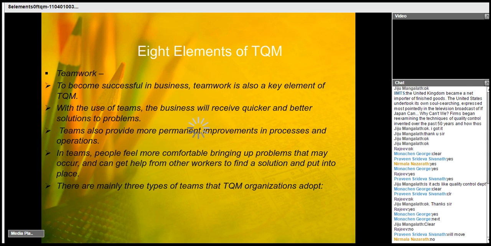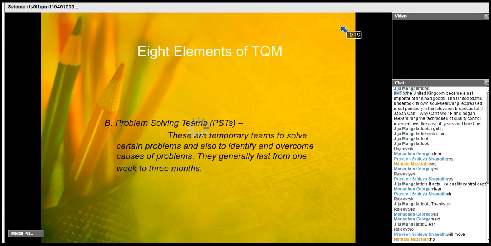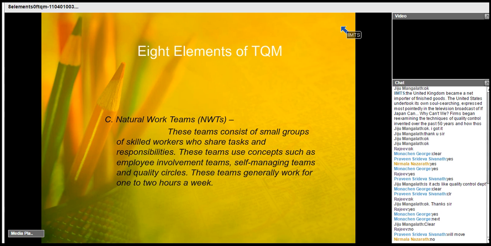Then teamwork is required within the organization. Then quality improvement teams or excellent teams. Then problem solving teams are there.